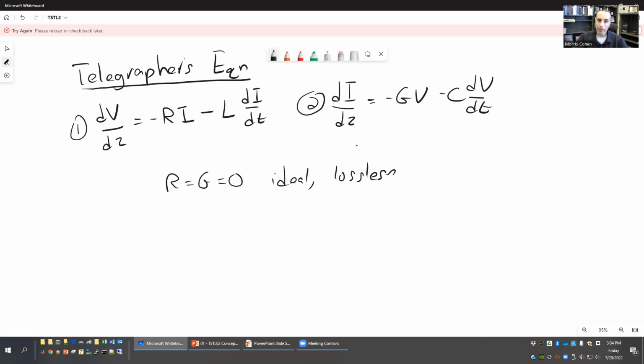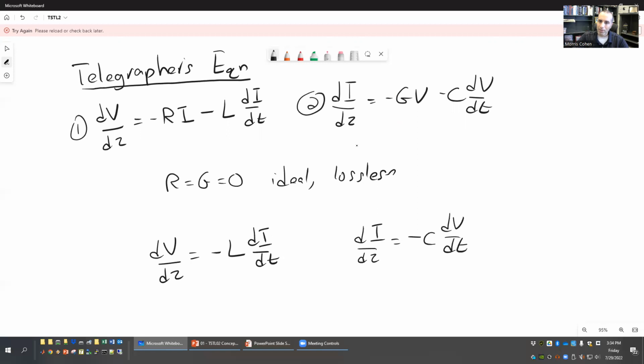Okay, so that allows us to remove a couple of these terms, and we've got dV dz equals minus L times di dt, and di dz equals minus C times dV dt. This is exactly our mathematical definition of a wave that we derived earlier.